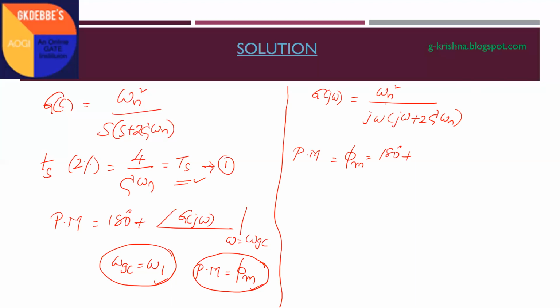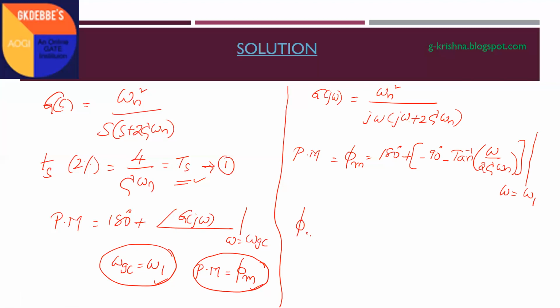The angle of the constant omega n square is 0 degrees. The angle of 1 by j omega is minus 90 degrees. The angle of 1 by (j omega plus 2 zeta omega n) is minus tan inverse of omega by 2 zeta omega n. This is calculated at the gain crossover frequency, which is given as omega 1.